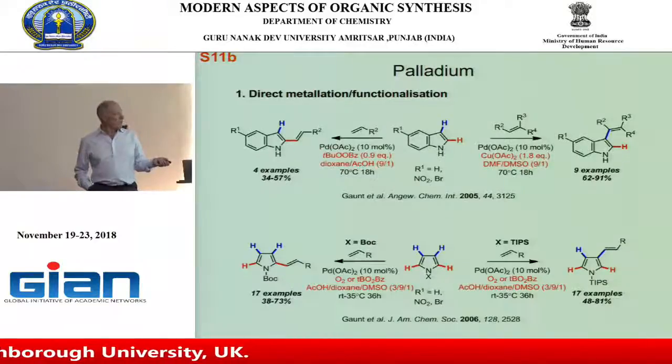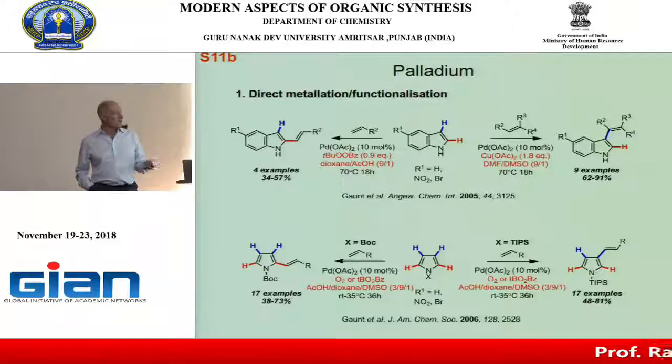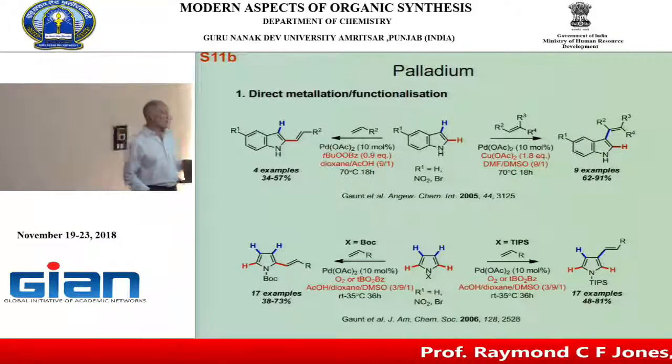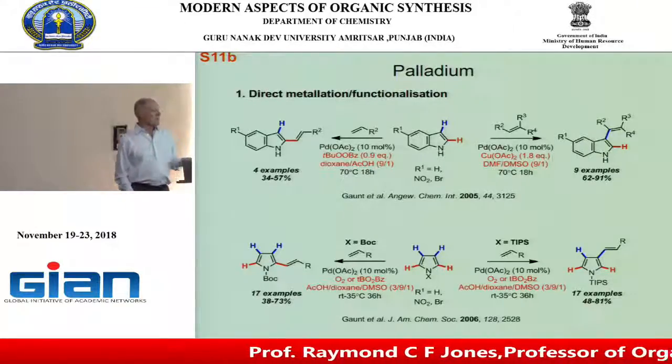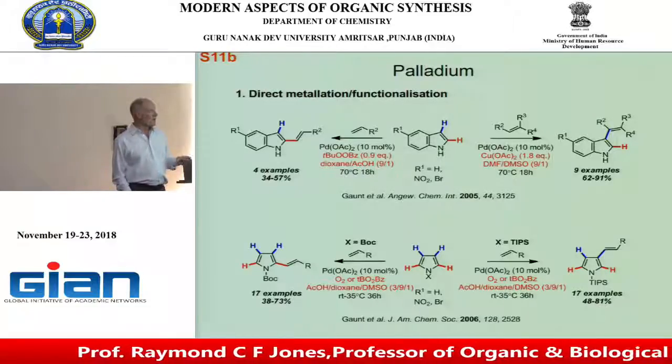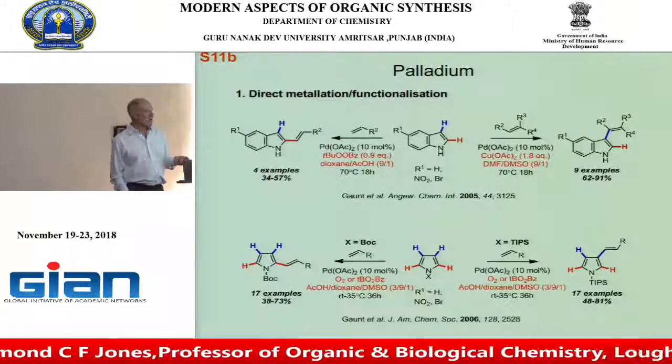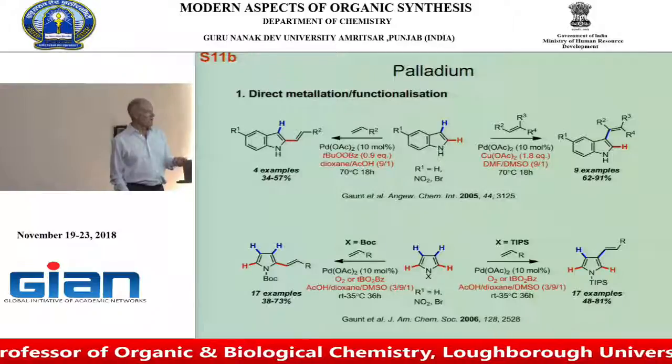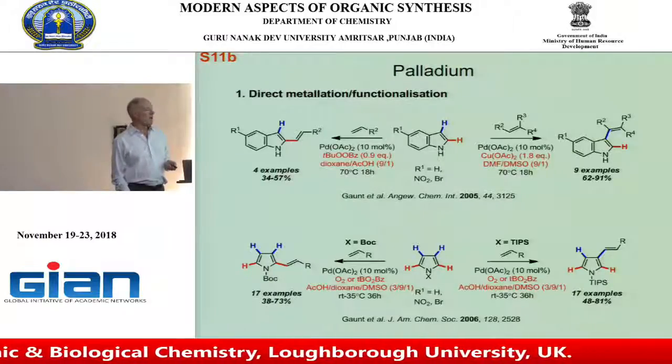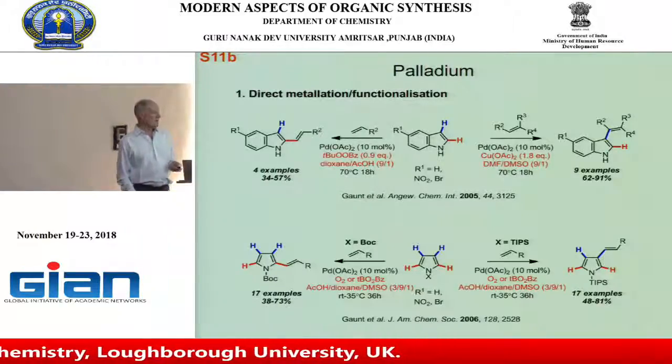This one is a withdrawing group, it's a carbamate. This one is a silyl group, which you could regard as more electron donating. But the difference of the nitrogen protecting group changes the selectivity dramatically, although actually this time the reaction conditions are the same.